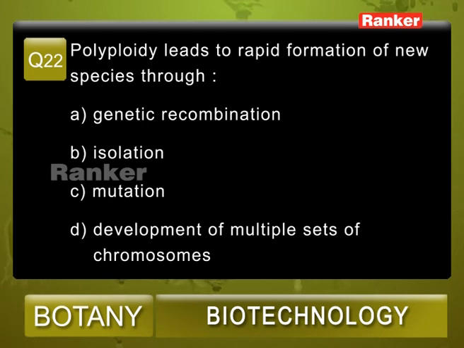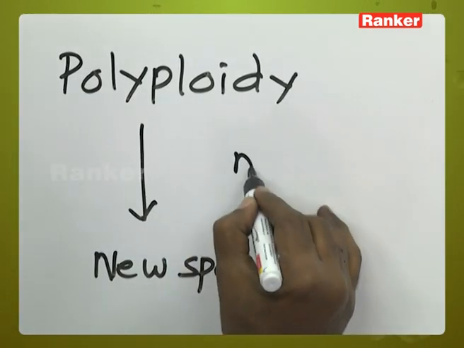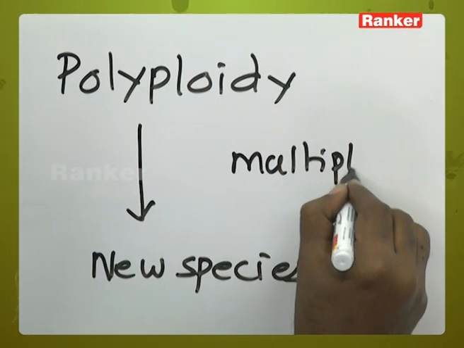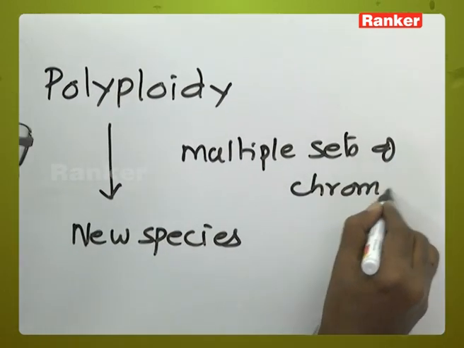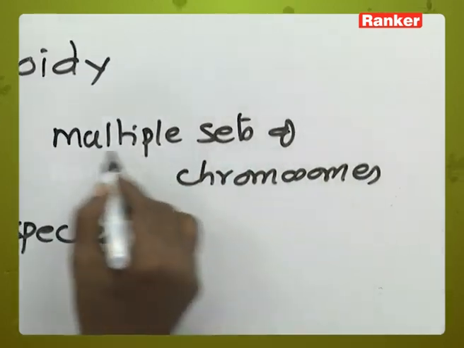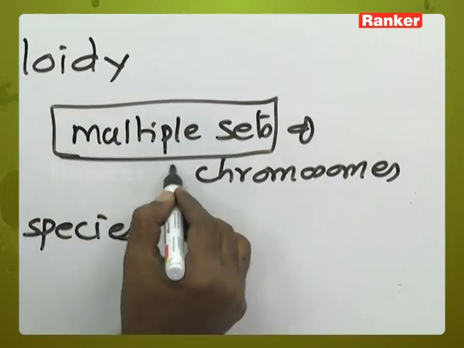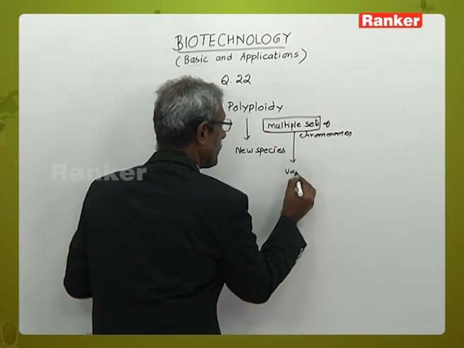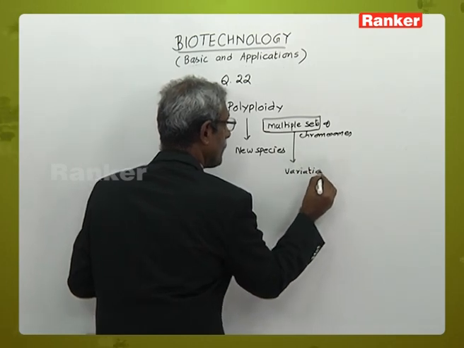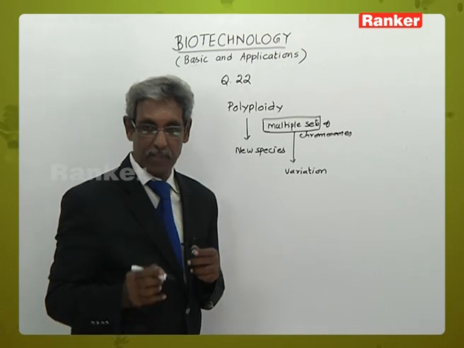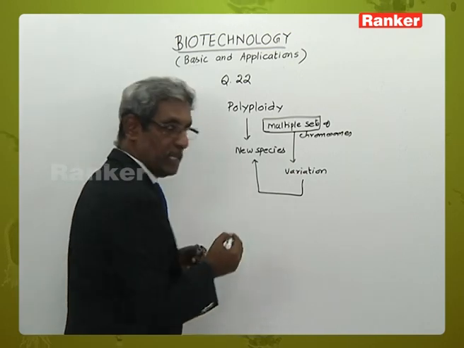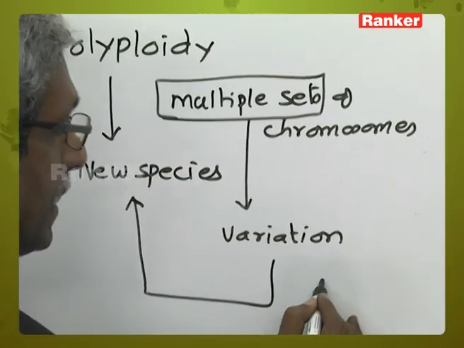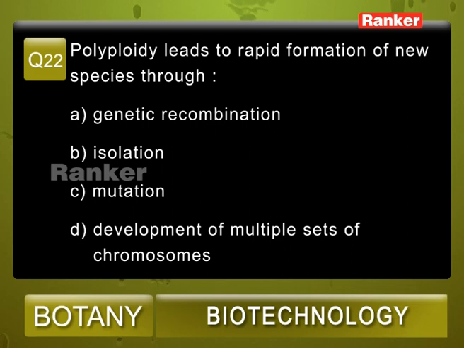However, polyploidy results in the development of multiple sets of chromosomes, and the multiple sets are the basis for variation. This results in the formation of new species. Hence, the answer is D.